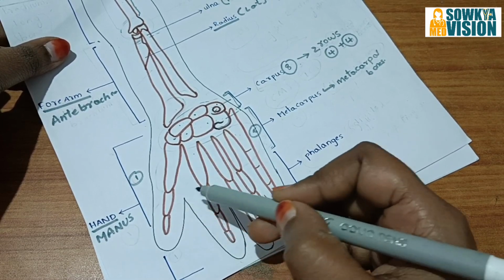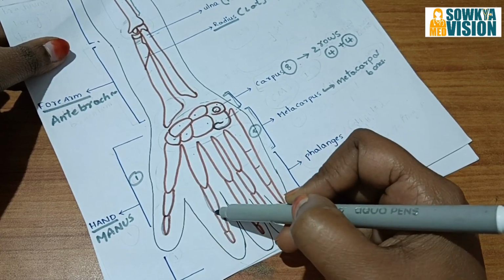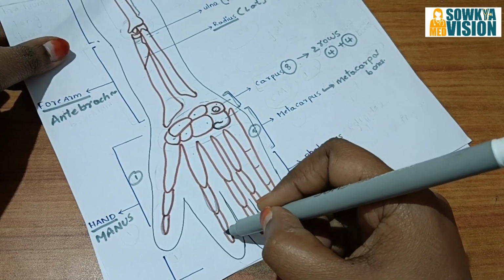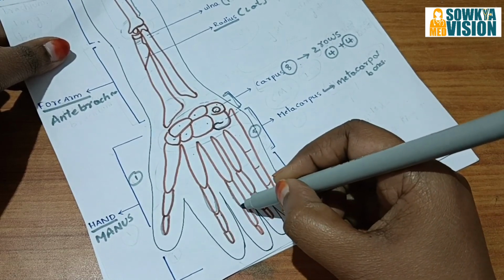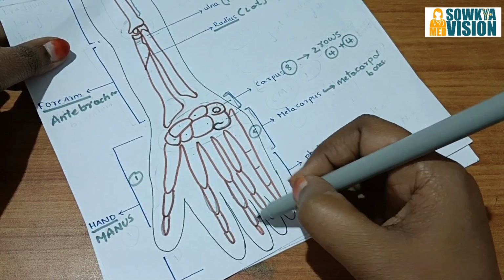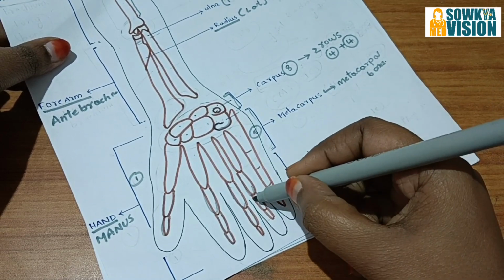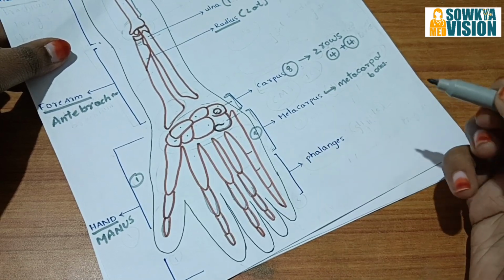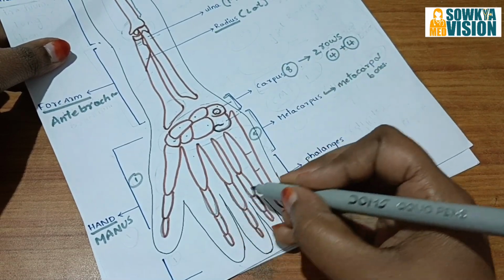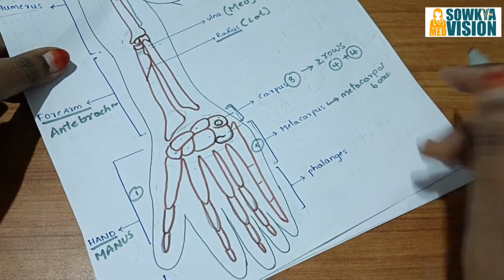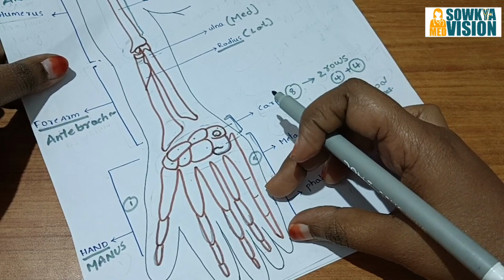These bones are miniature long bones, placed vertically. So the thumb contains only 2 bones and the other 4 fingers contain 3 bones. This is the carpus, this is the metacarpus and these are the phalanges.